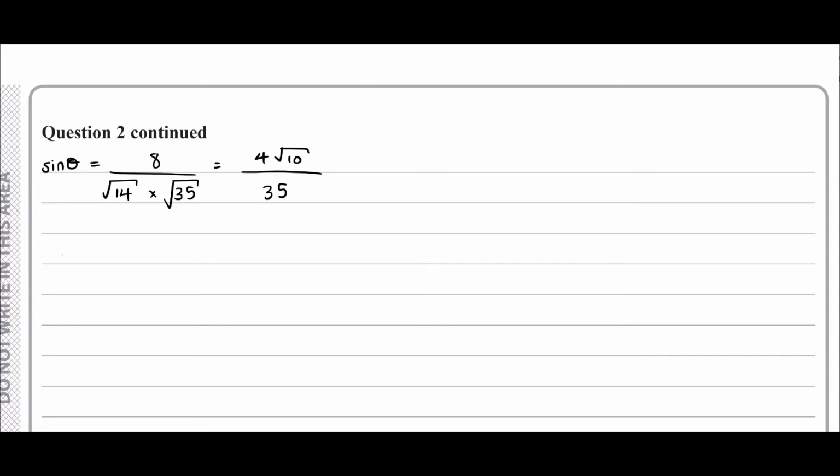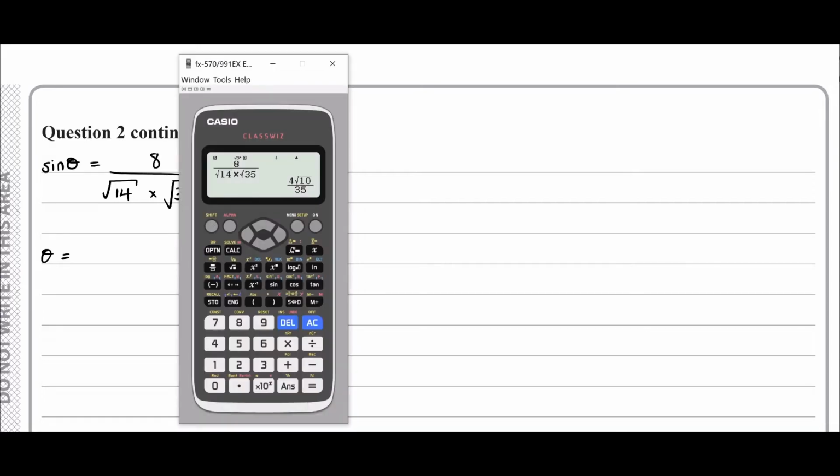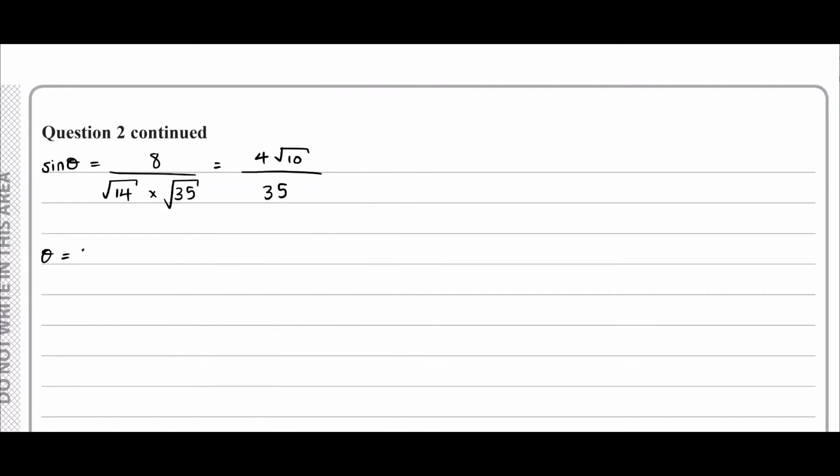And therefore theta, the inverse sine of this, would be 21.186 etc. degrees. Theta, therefore, is equal to 21.2 degrees to 1 decimal place.